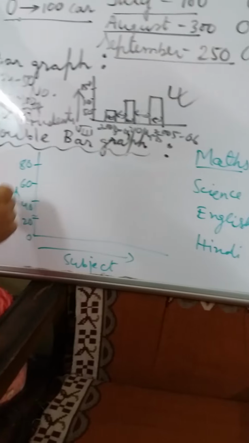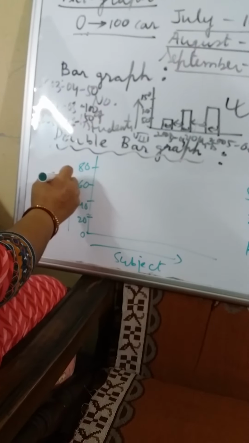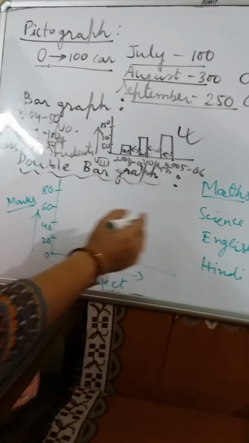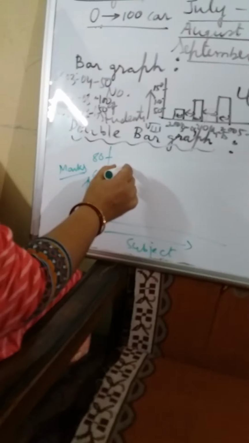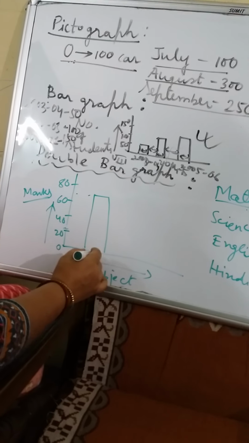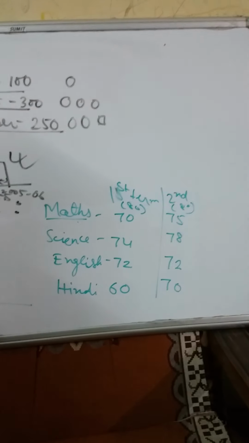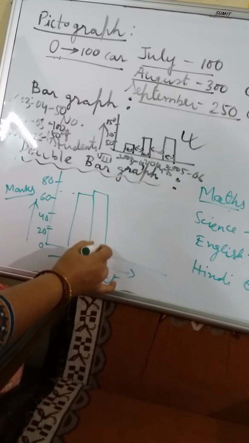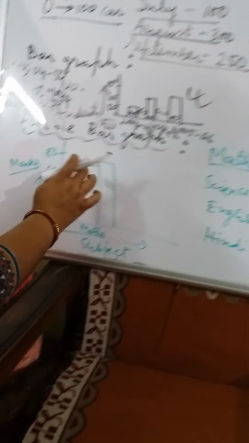This is the marks obtained by the student. Say in the first term in maths he has got 70, and in the second term he has got 75.